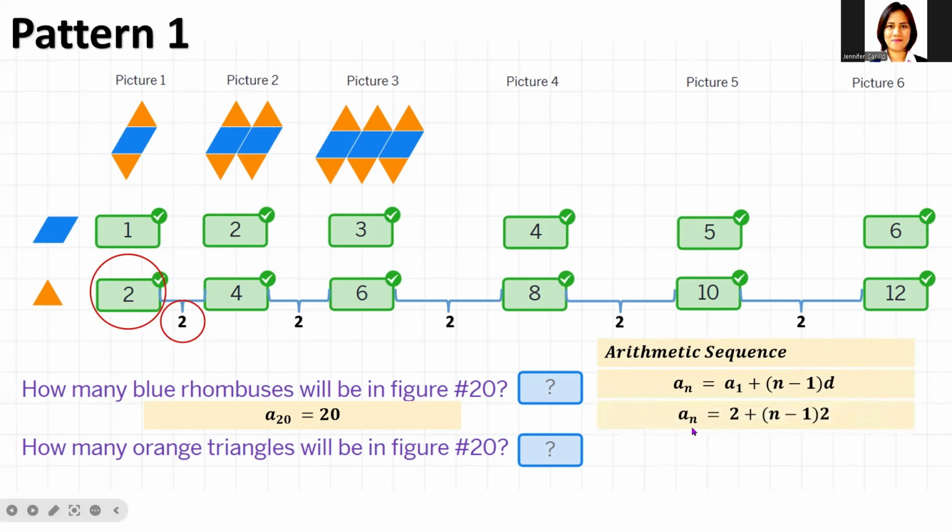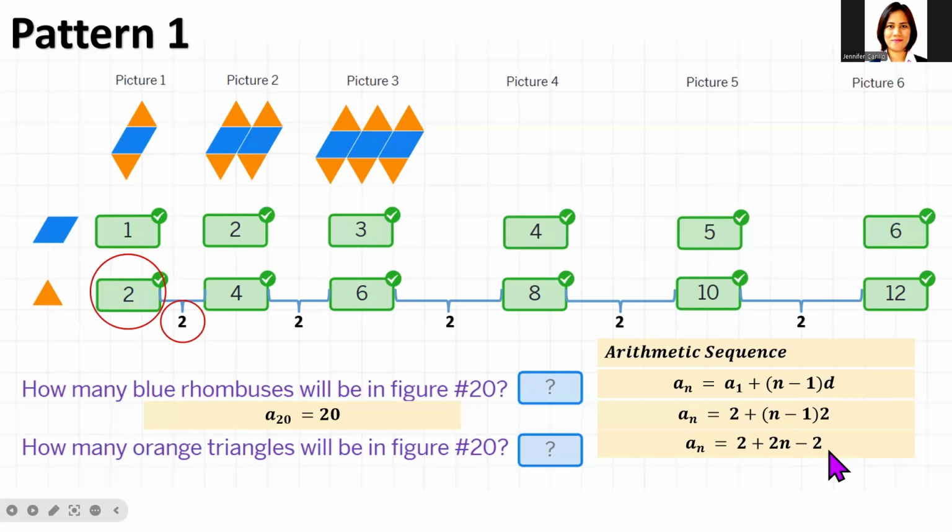Next, we simplify so that we can obtain the formula for the number of triangles. We distribute 2 to this quantity: 2 times n is 2n and 2 times negative 1 is negative 2.